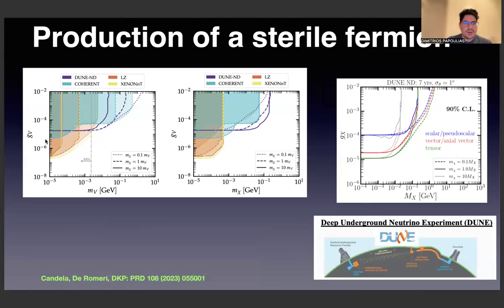So all in all, you can see that in the mediator mass versus coupling plane, the direct dark matter detection experiments like LZ and XENONnT enable probing much smaller couplings thanks to their very low threshold capabilities, while on the contrary, DUNE is not performing very well in the coupling plane, but it can probe larger masses for both the mediator and the generated sterile fermion mass.